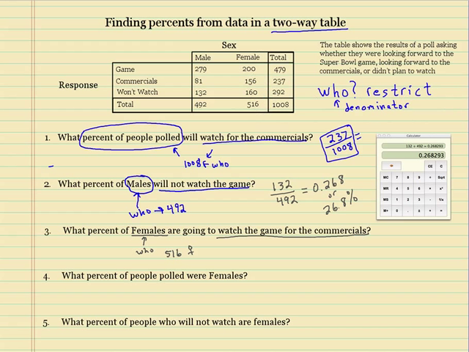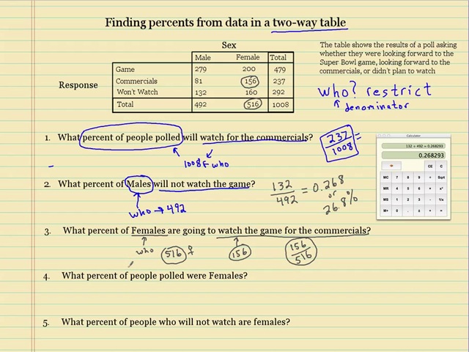Out of these females, how many are going to watch for the commercials? 156. So 516 is in your denominator, and 156 goes in your numerator. It's going to be 156 divided by 516. Throw that in your calculator and that's your answer, or leave it like that.